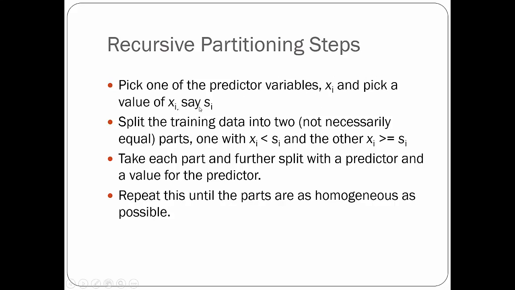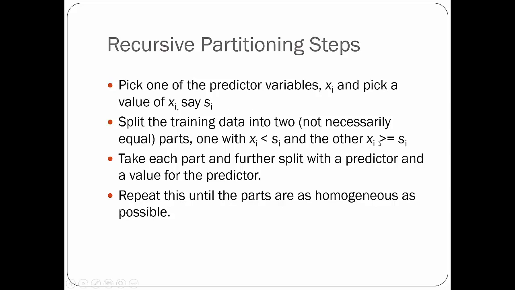In this case, if you select income, then you may select a value of 100,000 as a value to split. Now you take the training data and split it into two parts: one part containing all observations with income less than the limit, the 100,000, and on the other side, anything exceeding that s sub i value.